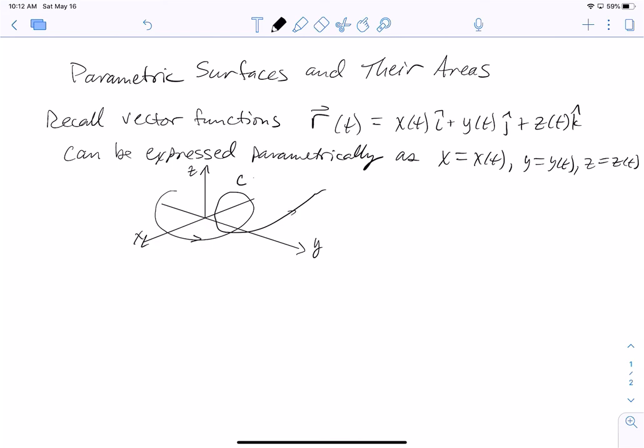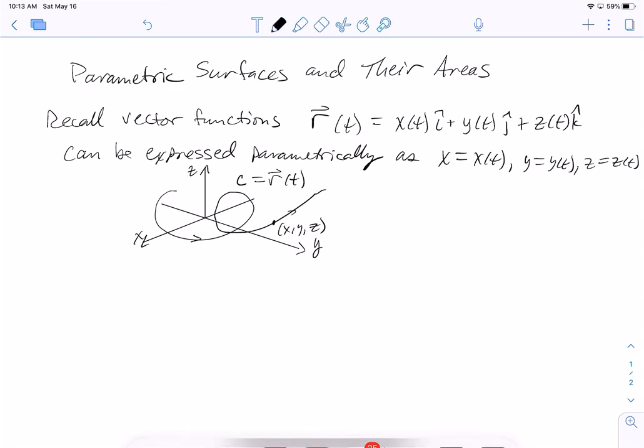So this is the curve C given by r of t, and the parameter t maps to a point x, y, z in space, and strictly speaking, t doesn't appear in the graph, right? T is the input for the parametrically defined components x, y, and z, but t doesn't show up in the x, y, z R3 space.